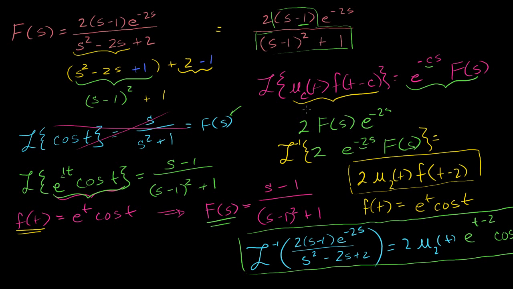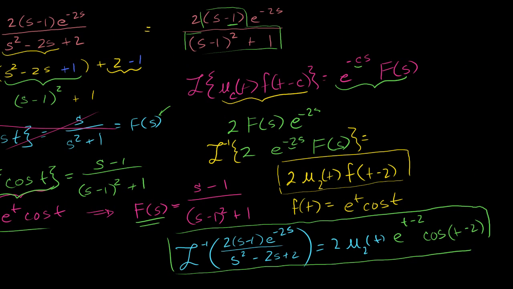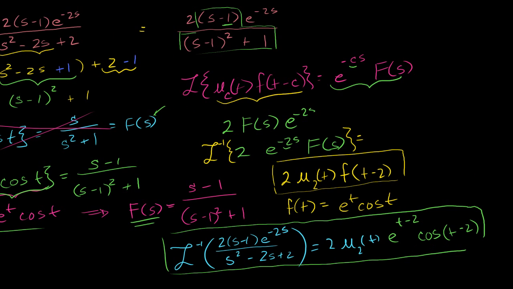The 2 times the unit step function times my f of t shifted by c. And now we established this was our f of t. So we just shifted it by c. We shifted it by 2, and we got our final answer. So this is about as hard up to this point as you'll see an inverse Laplace transform problem. So hopefully you found that pretty interesting.